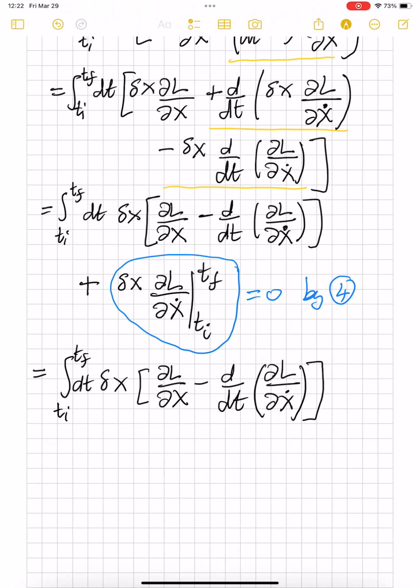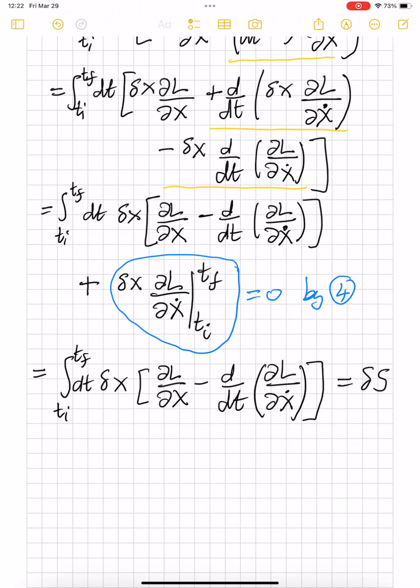Okay, so what is this equation saying? Well, we have to think a little bit. We've got an integral dt of delta x times something. Now, what is delta x? Well, in fact, this is the change in the action, delta S. Delta S should be 0 no matter how we vary the path.